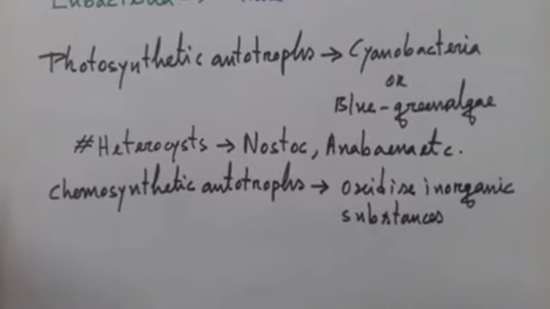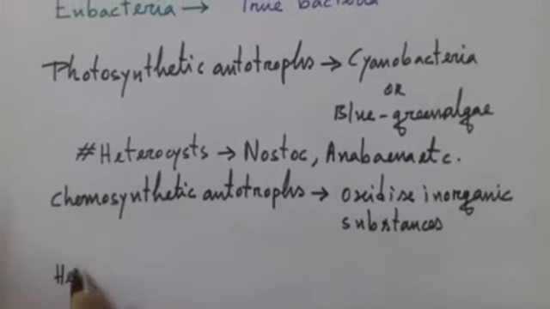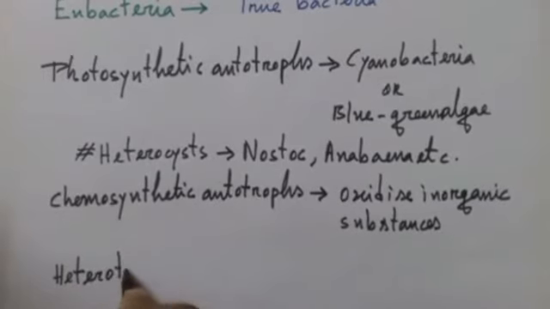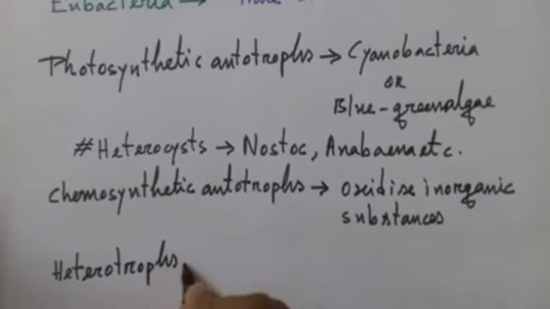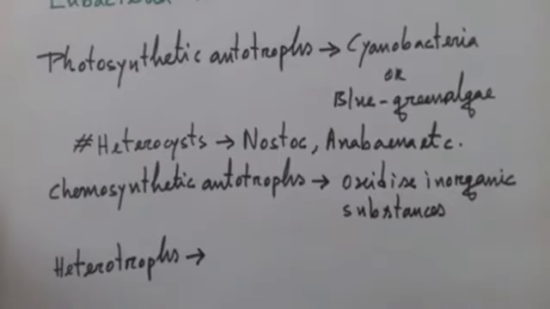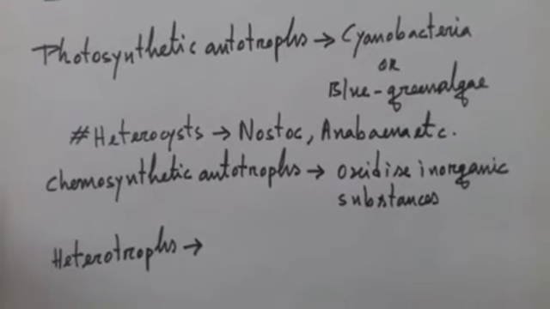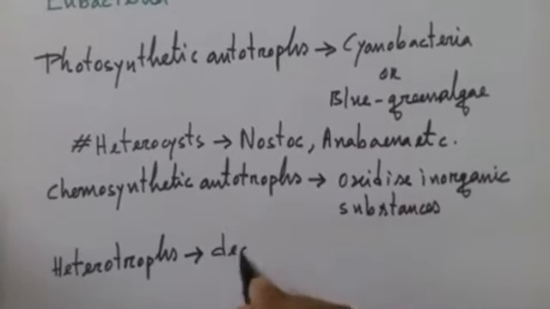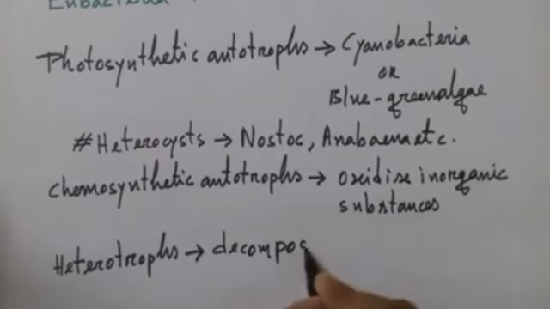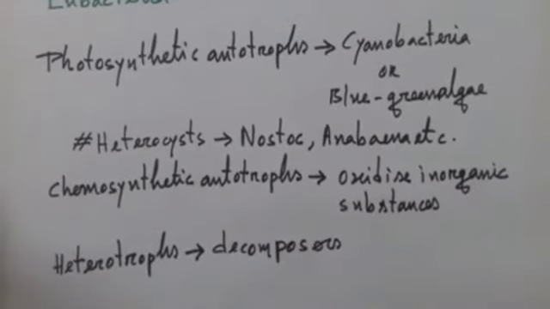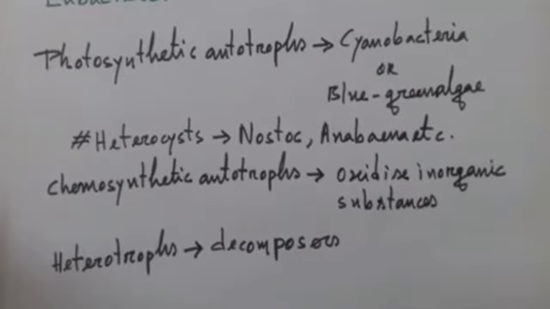Now, the heterotrophic bacteria. They are the most abundant in nature. The majority are important decomposers. Many of them have a significant impact on human affairs.